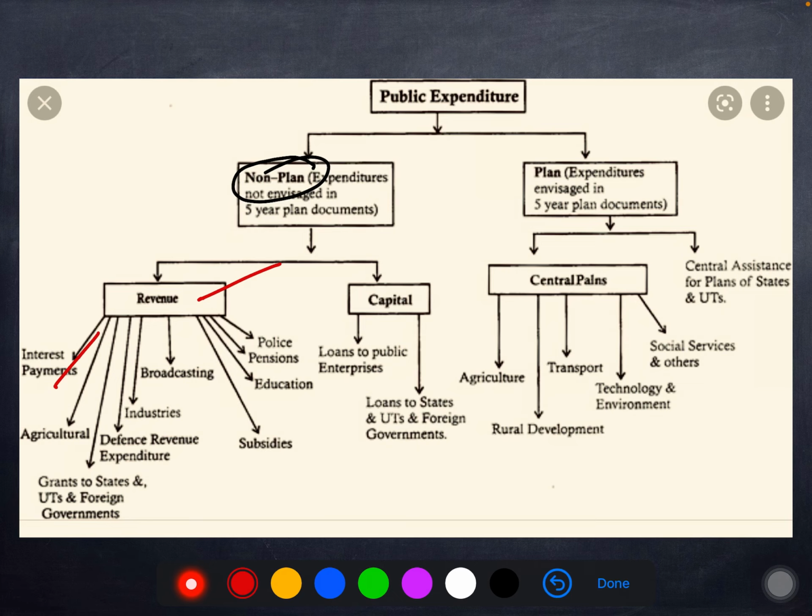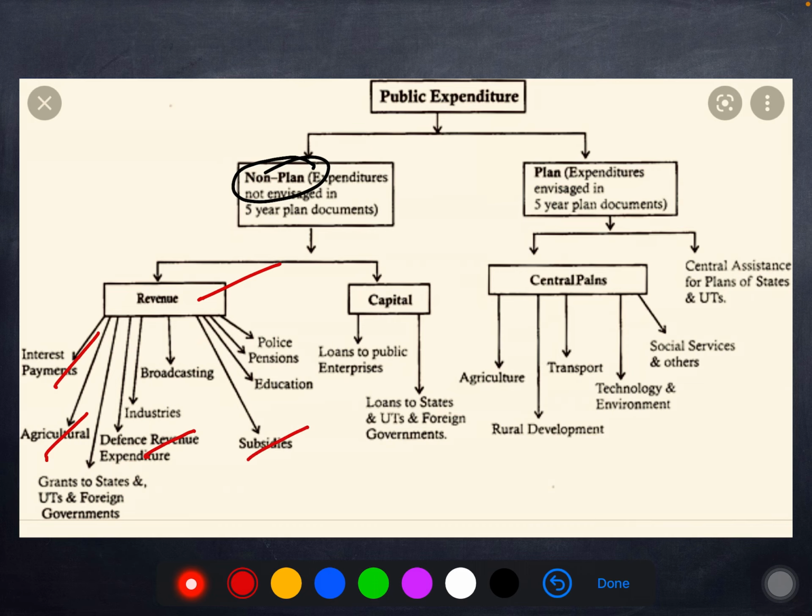The next one is agriculture. We are going to spend a lot of money on agriculture. Then defense expenditure. Defense expenditure is committed expenditure in the sense that, given national security concerns, there is little scope for drastic reduction. The next one is subsidies.